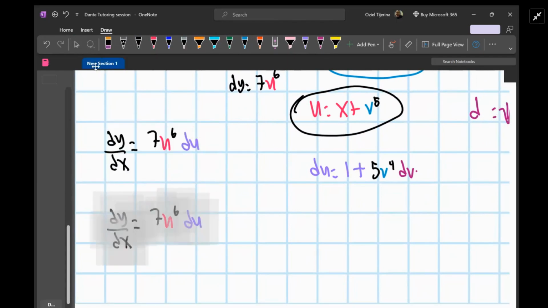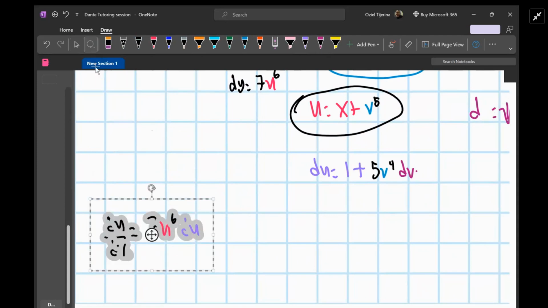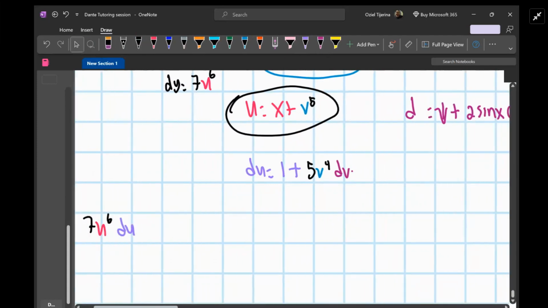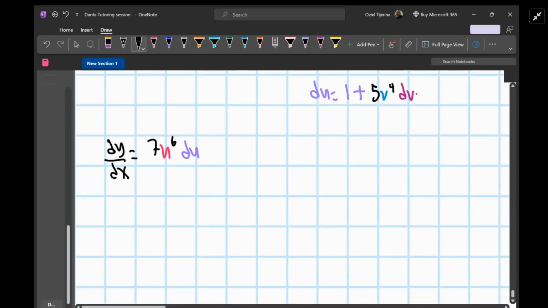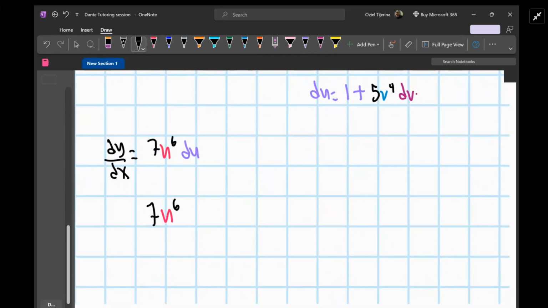So it's 7u to the 6th times the quantity, we're going to put this in for du. So du was 1 plus 5v to the 4th dv.